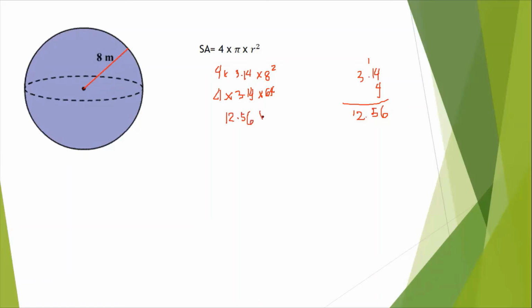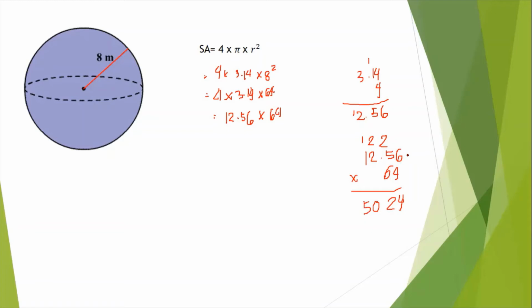12.56 multiply it by 64. Okay, so 12.56 times 64. 4 times 6, 6, 12, 18, 24. 4 times 5, it's 20, plus 2, it's 22. 4 times 2, 8, 8 plus 2, it's 10. 4 times 1, 4 plus 1, 5.